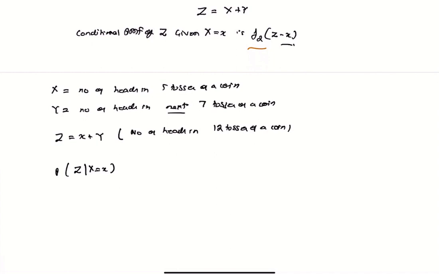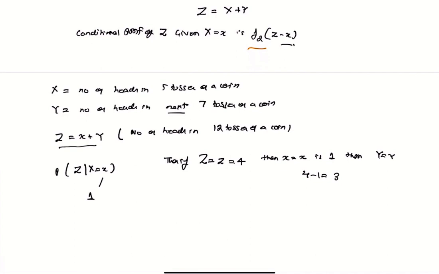For example, say X is 1, then if Z is equal to little z is equal to 4, then X is equal to 1, then Y is equal to little y has to be 4 minus 1, which is equal to 3. Right. So how's that? Because Z is equal to X plus Y, right?